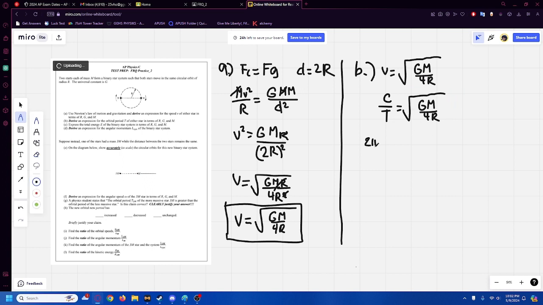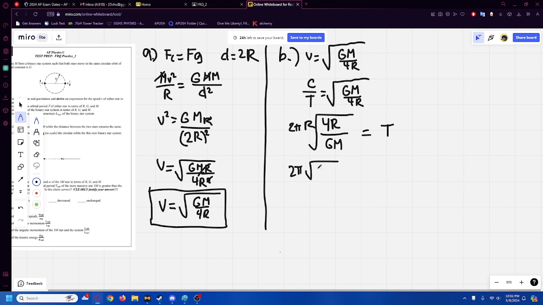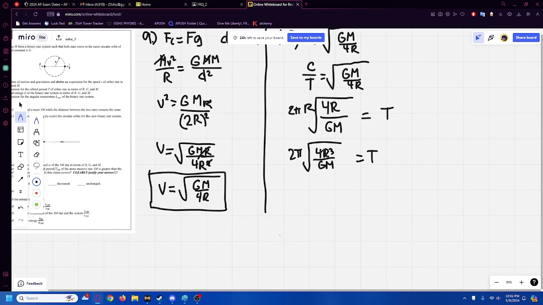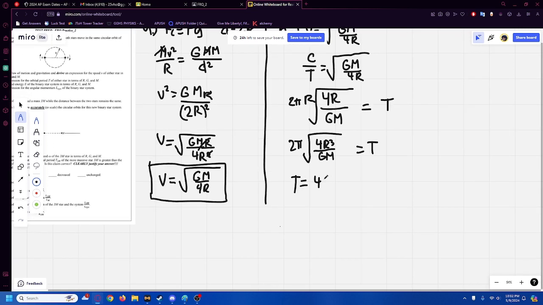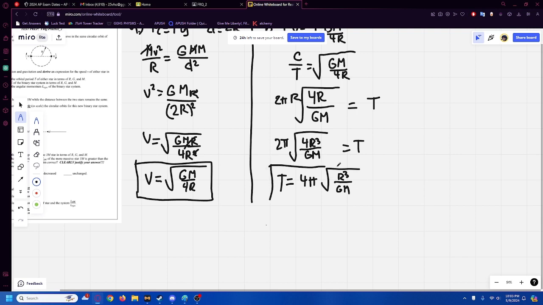C is equal to 2 pi r times the square root of 4r over GM, and this is equal to T. So when we multiply the r into there, it'll be 2 pi times the square root of 4r cubed over GM, and then you can bring out the 4, so T is equal to 4 pi times the square root of r cubed over GM for part B.